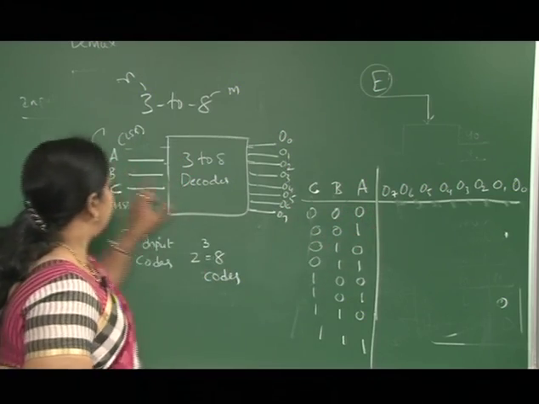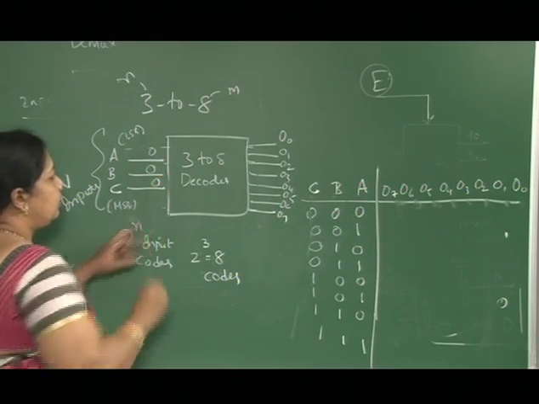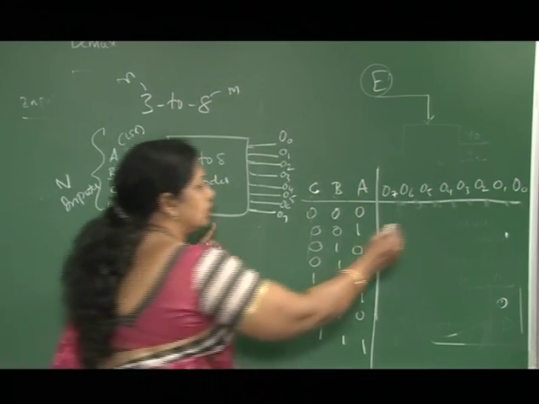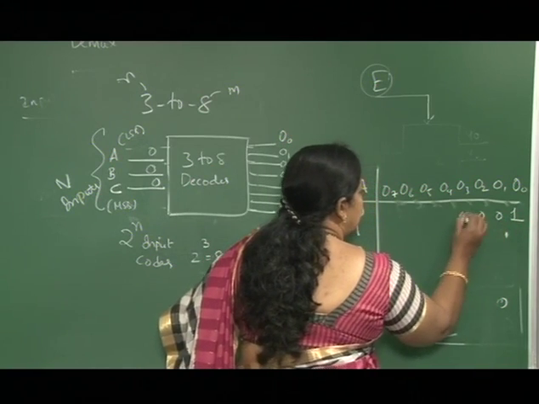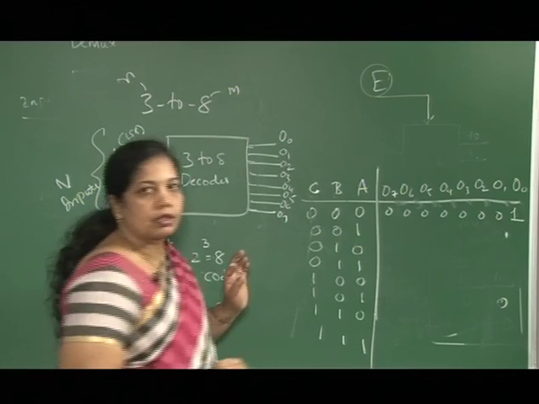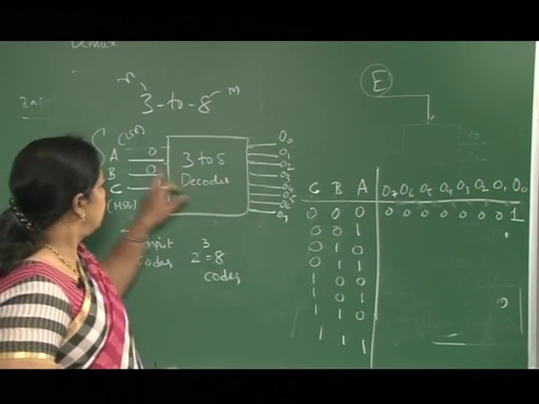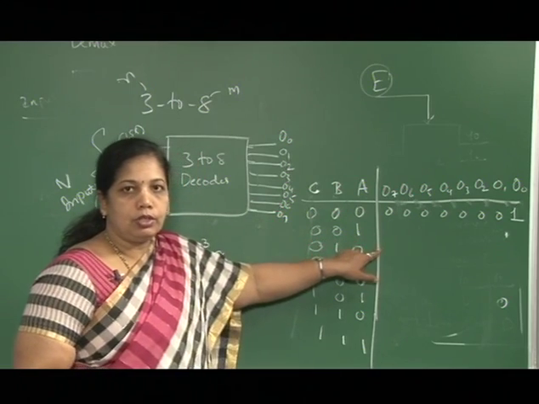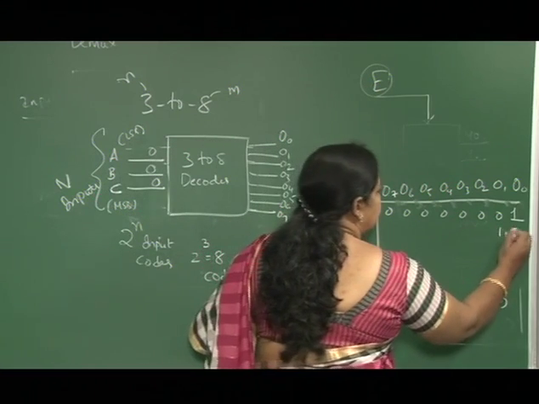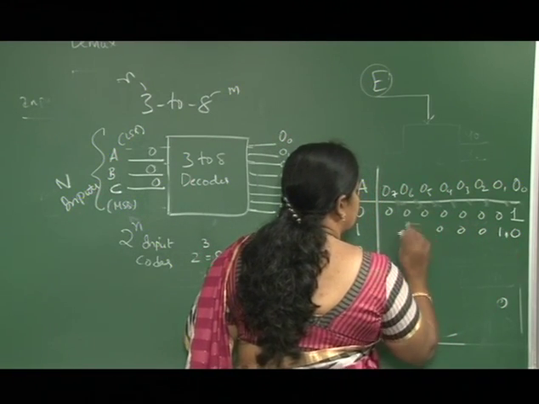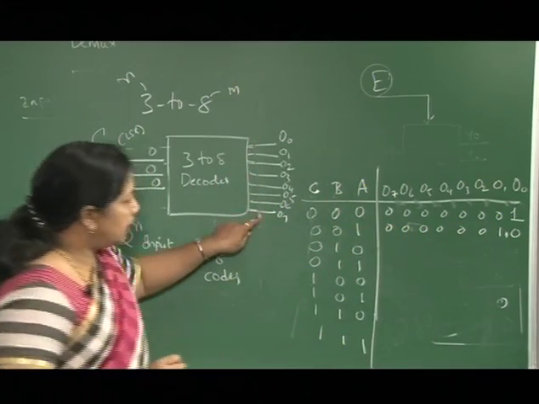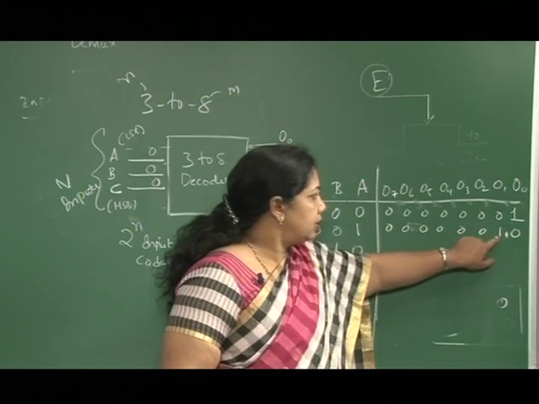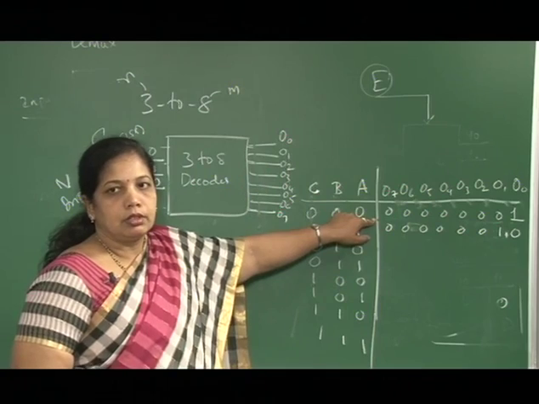So whenever my input to the 3 to 8 decoder is 0, 0, 0, my output O0 is 1, the rest all will be 0. Whenever it is 0, 0, 1, the output of the decoder is O1, the rest all will be 0. Out of this many output lines, at a time a single output line is activated, the rest are all inactive.